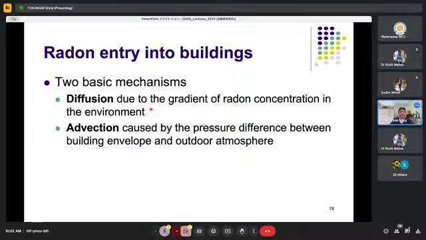First one, radon entry into buildings. There are two basic mechanisms, namely diffusion due to the gradient of radon concentration in the environment, and advection caused by the pressure difference between building envelope and outdoor atmosphere.